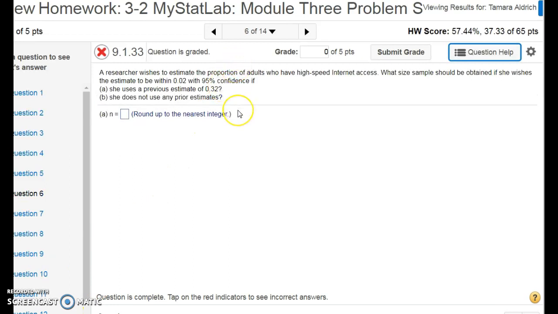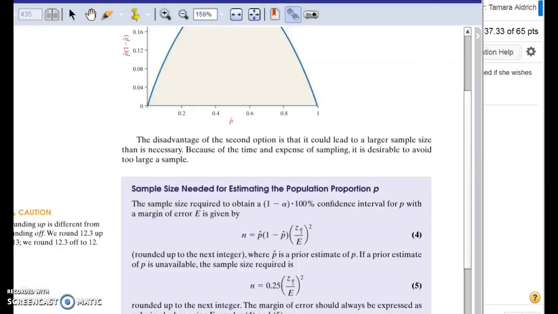For number 6 here, we want to figure out what size sample we're going to need to get an estimate that is within a certain range, and we're confident that it's within a certain range, and it gives us the level of confidence. So if you look in your textbook, page 435, it shows you the sample size needed for estimating the population proportion.